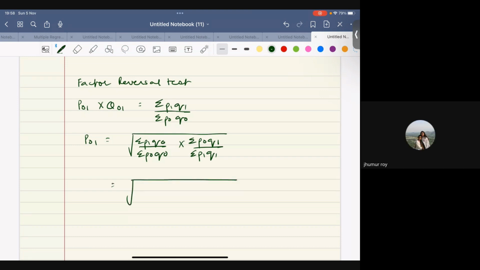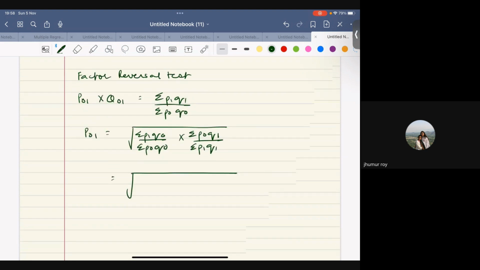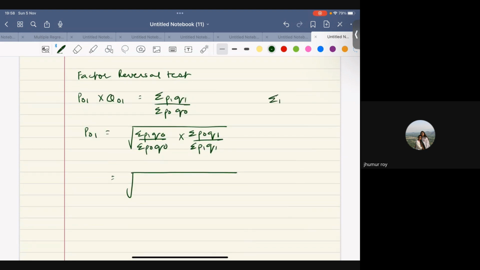Now, what did I say? Wherever you have written price, you will write quantity, and wherever you have written quantity, you will write price. So I'll write it here so that you understand. Sigma P1 Q0. What are we going to write in place of this? Sigma Q1 P0. Is it clear? In place of price, I've written quantity. In place of quantity, I've written price.